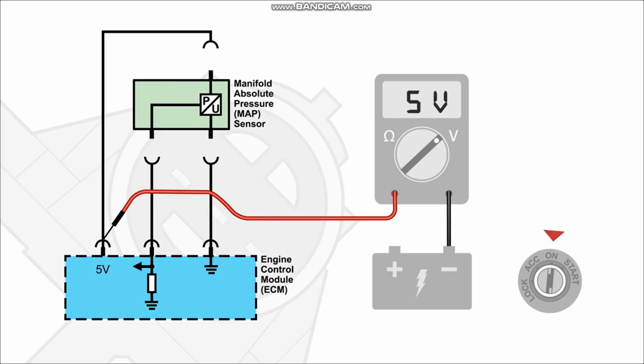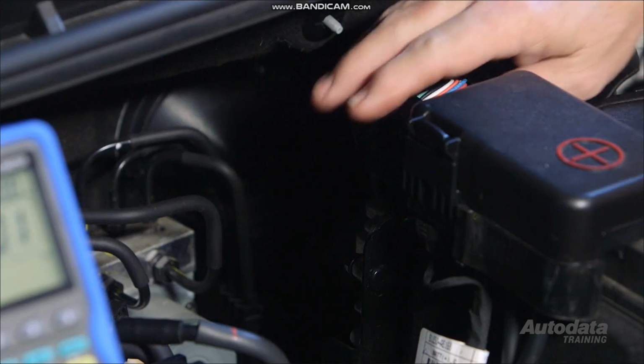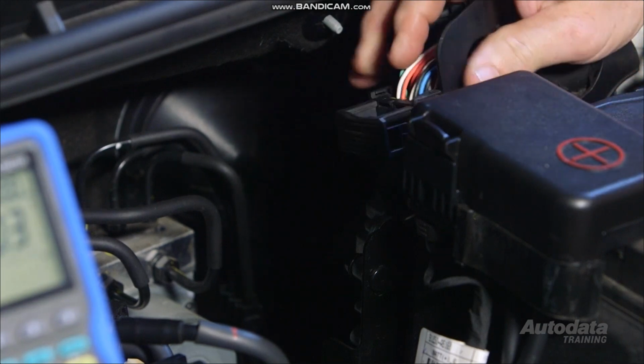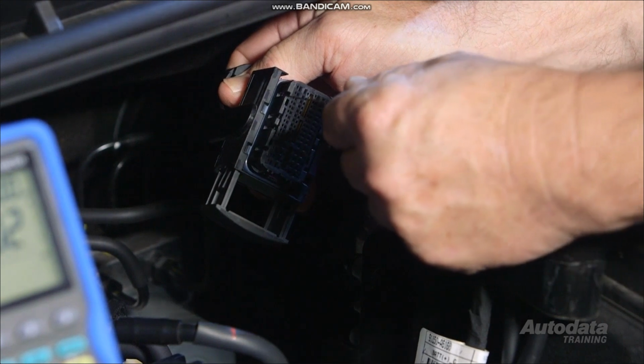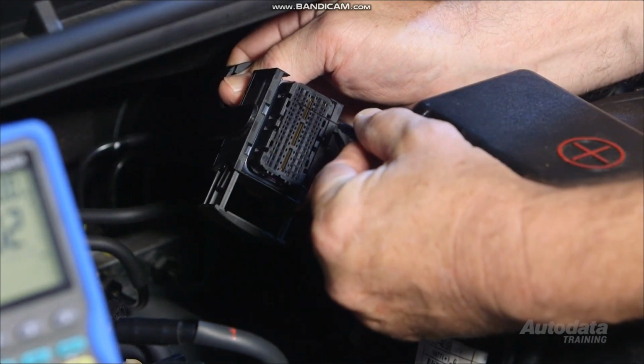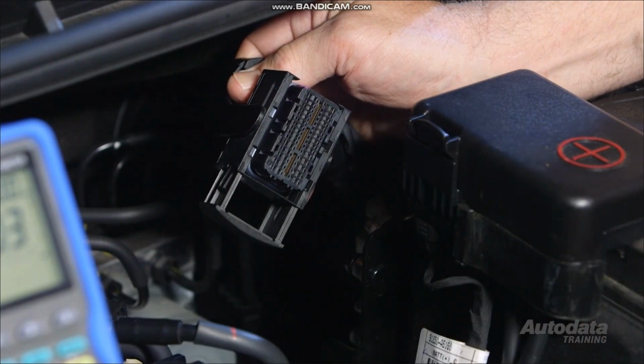If the voltage is now correct, then there is excessive resistance between the 2 connectors. If the reading is still low, turn off the ignition, disconnect the module, and check the suspect terminal for corrosion and terminal tension. If all appears okay, then there is excessive resistance within the ECM.